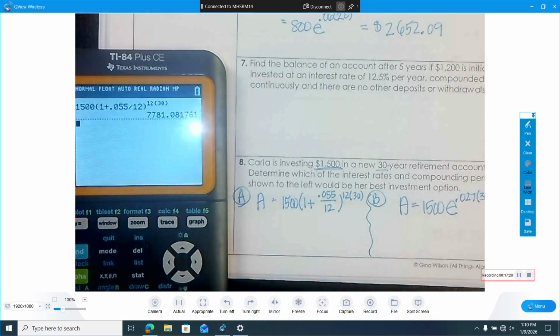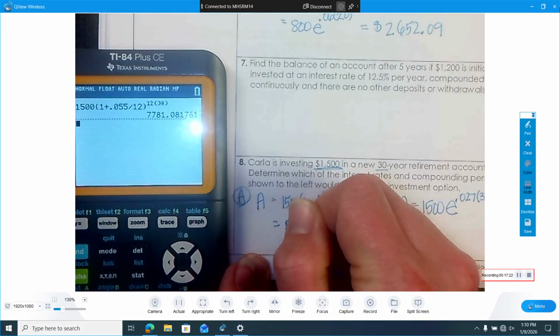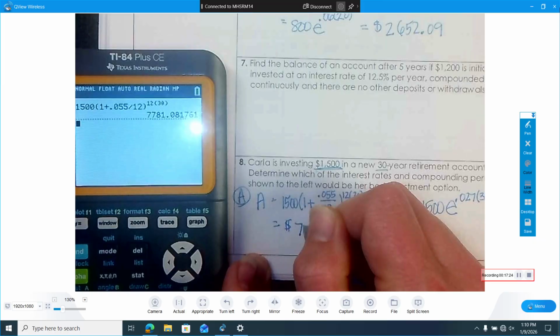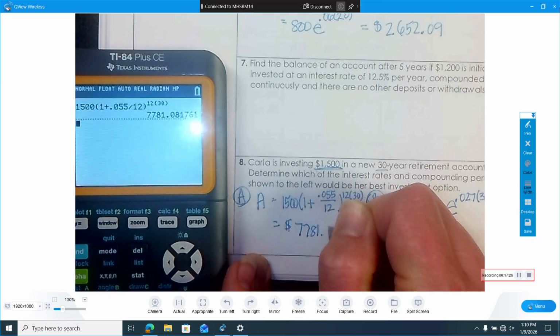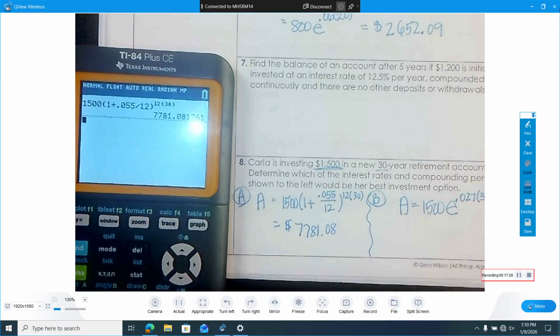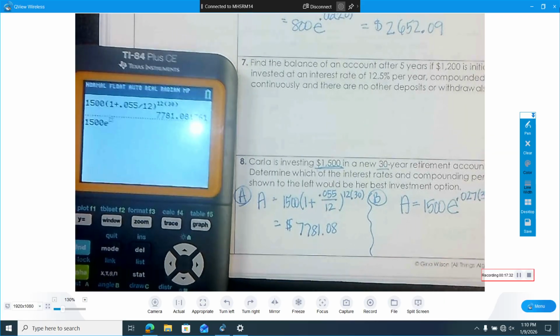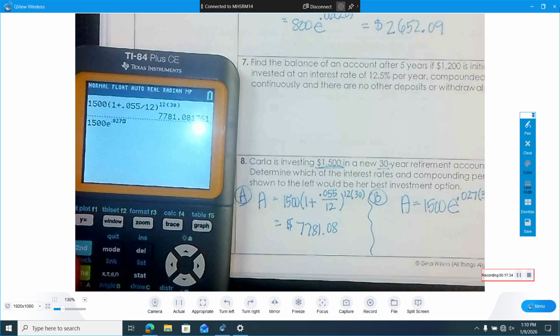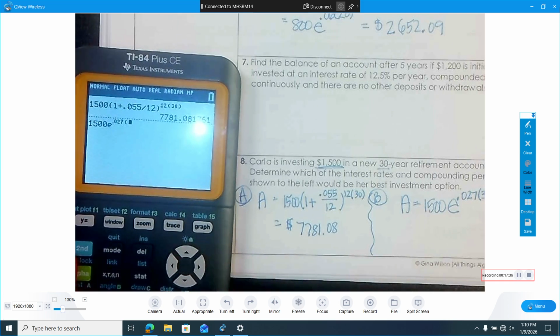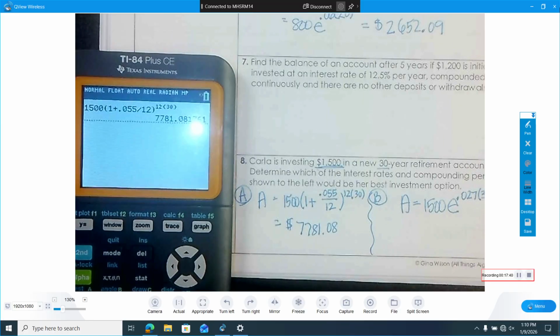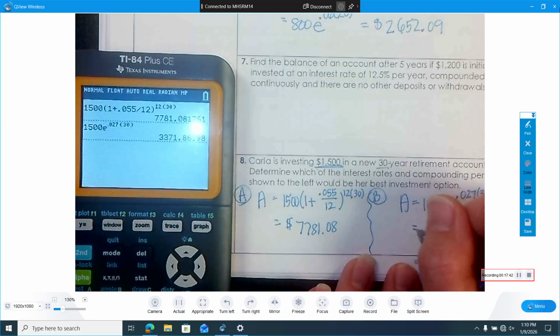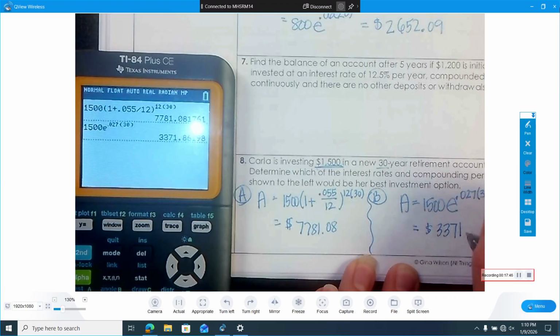All right. $7,781.08. And then 1,500 E to the 0.027 times 30. $3,371.86.